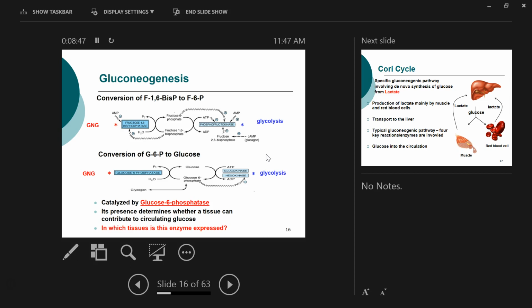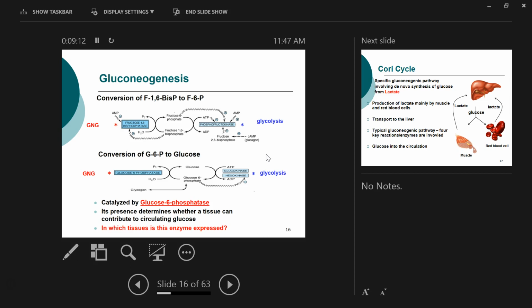We're going to talk later about how gluconeogenesis and glycolysis are interregulated, because their activities should be activated in different physiological conditions.